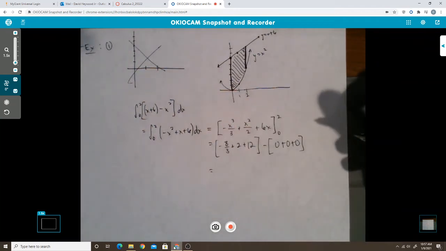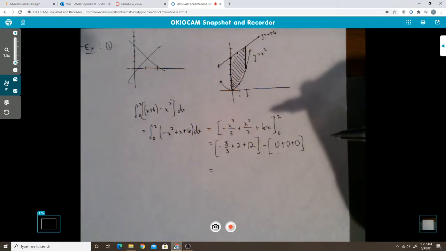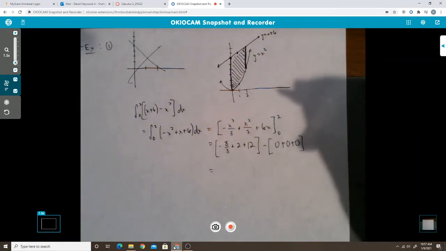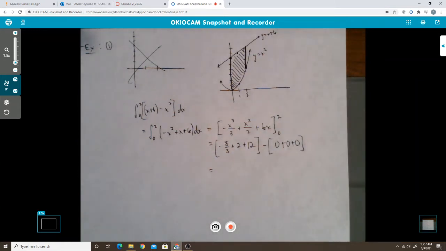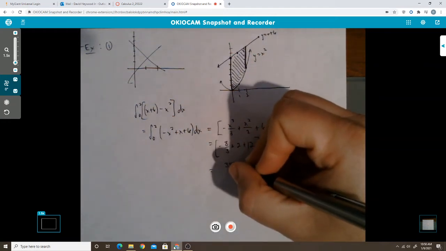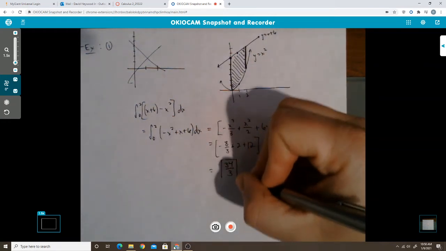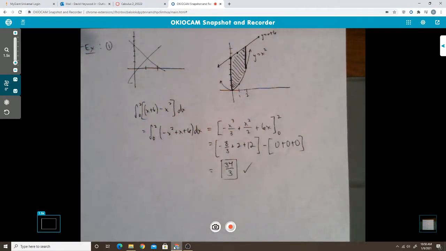Okay, and that's that. So 12 plus 2 is 14. 14 times 3 is 42. 42 minus 8 is 34, so I guess we get 34 thirds. Check my arithmetic on that, but I think that's what you should end up with, 34 thirds.